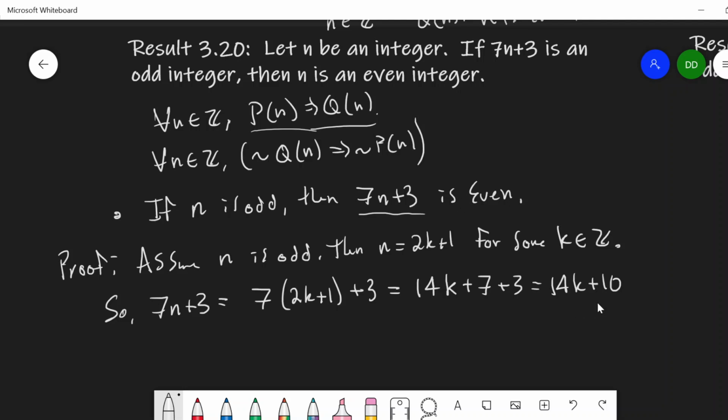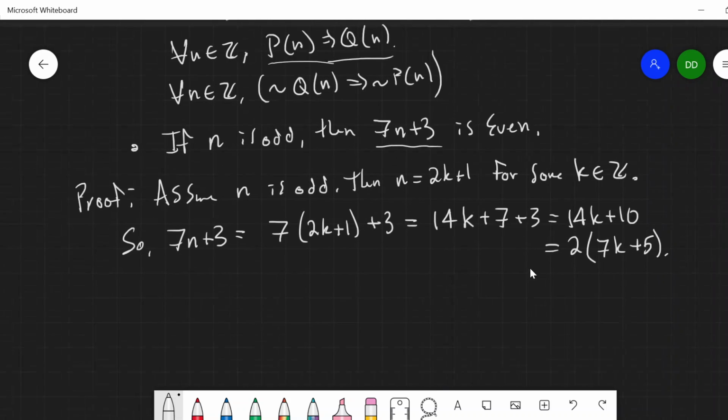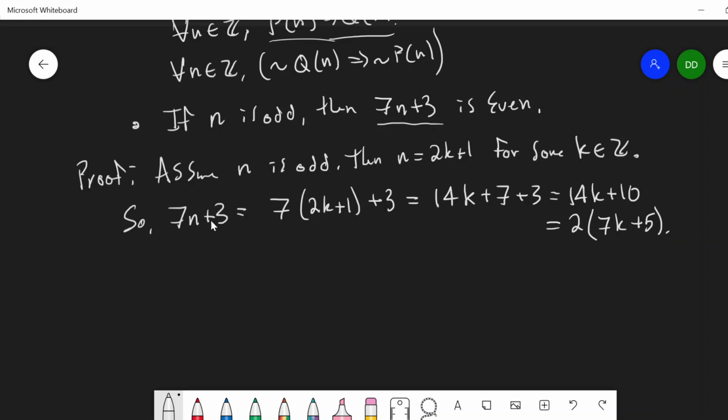So we'll factor out a 2. So this is 2 times 7k plus 5. And now I can finish up my proof. I've shown that 7n plus 3 is twice some other integer, so that means it's even. Hence, 7n plus 3 is even.